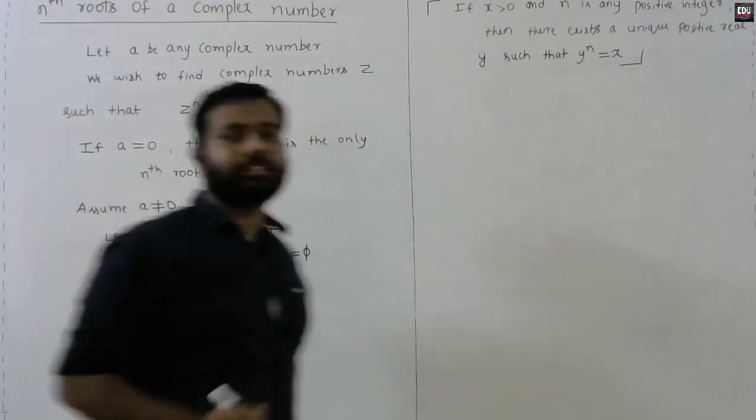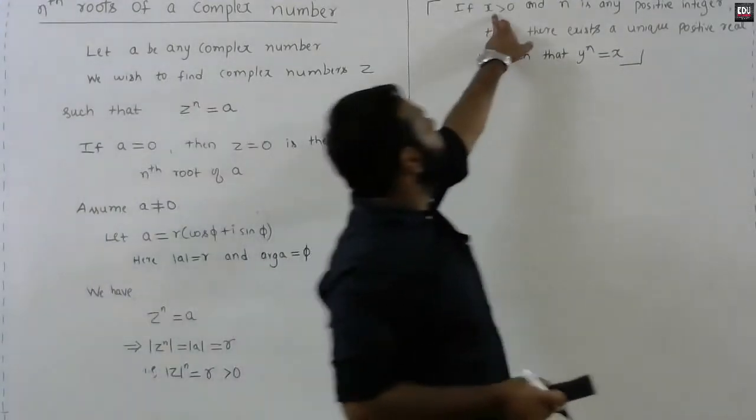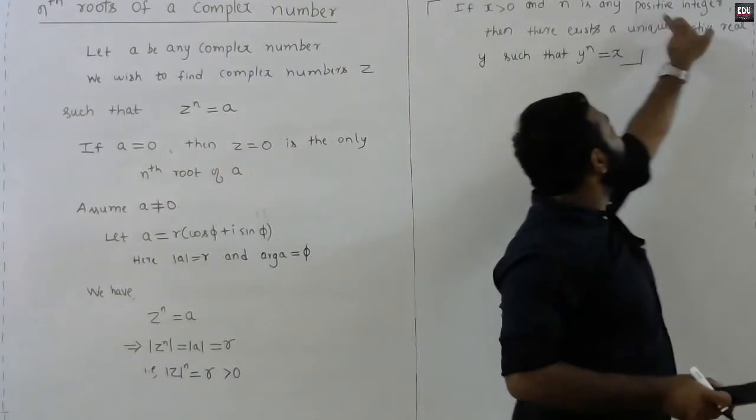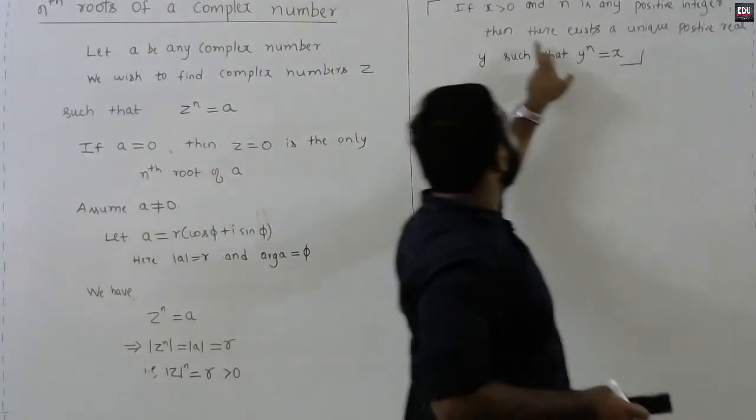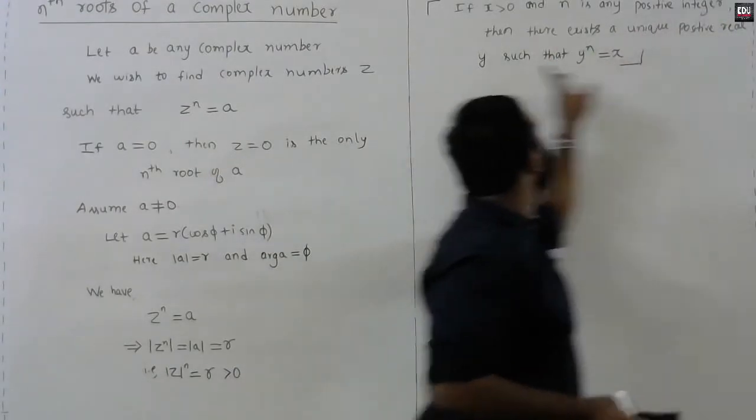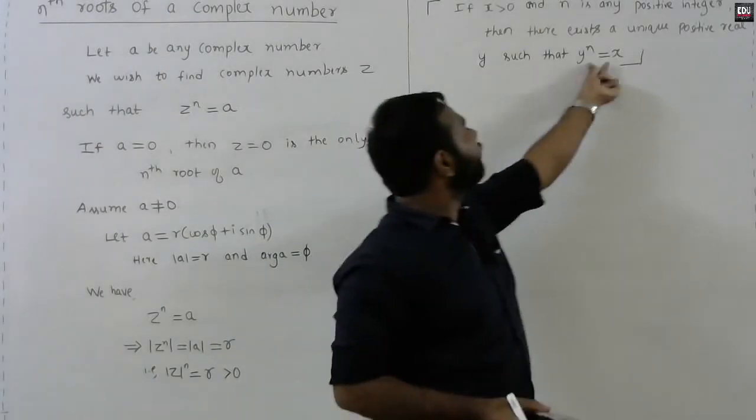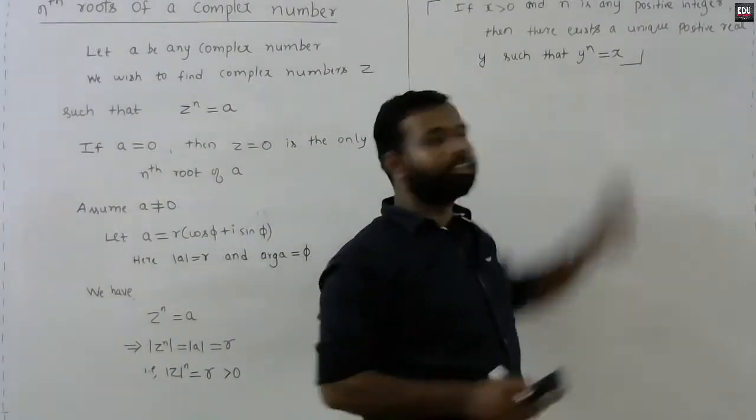So recall this result: for any positive real and for any positive integer n, there will be a unique positive real number y satisfying this equation, y power n is equal to x.